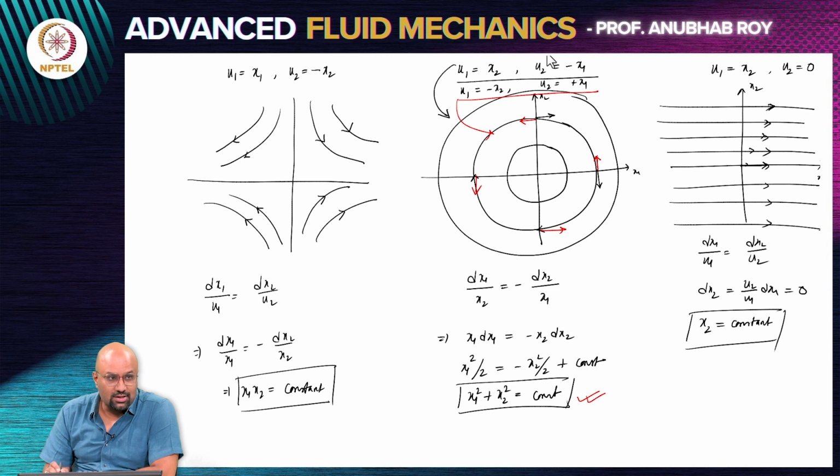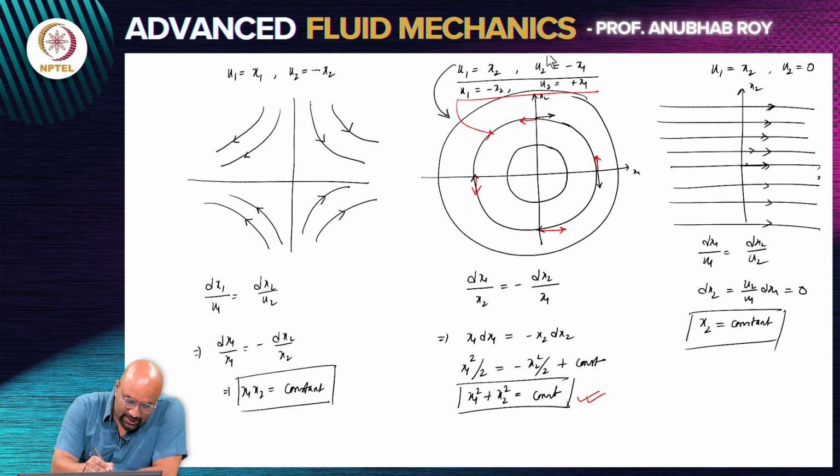But in the context of streamlines, you have streamlines which are parallel to the x1 axis, they are horizontal streamlines. So now the question we could ask, let us stick to this particular problem itself, is that if I release a fluid particle, so I choose a particular point, going back to the descriptions that we learned, Eulerian and Lagrangian.